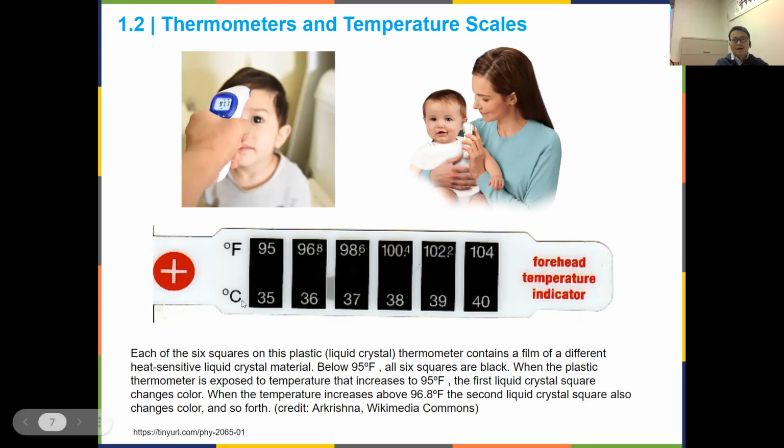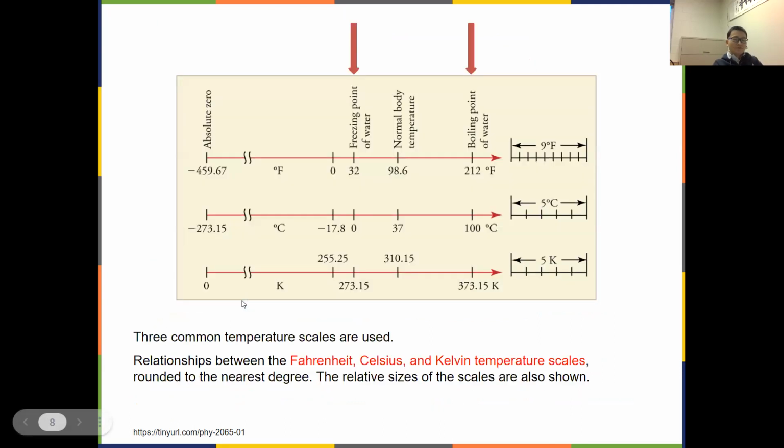So how are you going to convert temperatures from one scale to another scale? By now, you know there's Fahrenheit, there's Celsius, and there's Kelvin. So three different scales. From Fahrenheit to Celsius, a difference of 9 degrees in Fahrenheit corresponds to 5 degrees in Celsius.